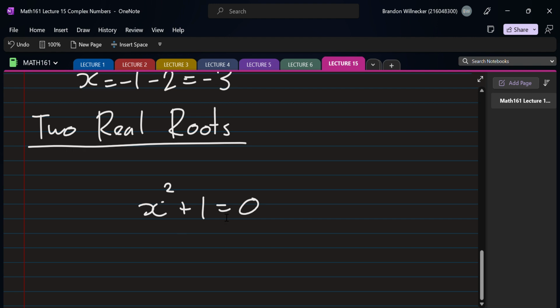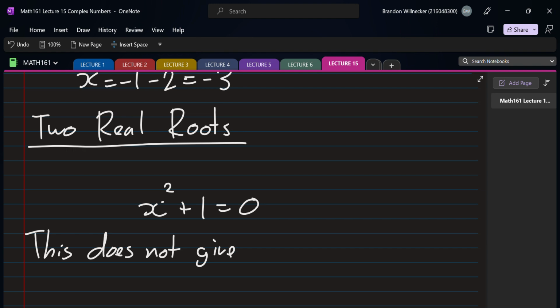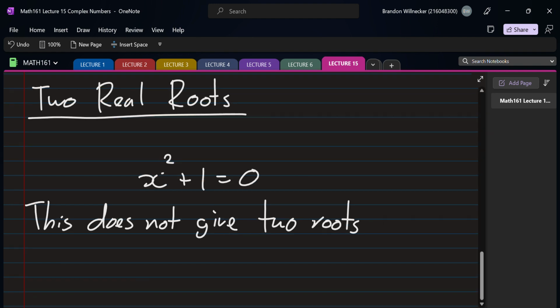If you were to try use the quadratic formula, you would end up with a negative under the root sign, and that doesn't work. So this does not give two roots. In fact, it does not give any roots.